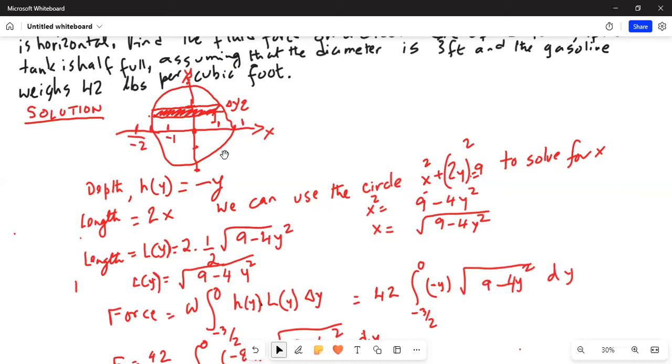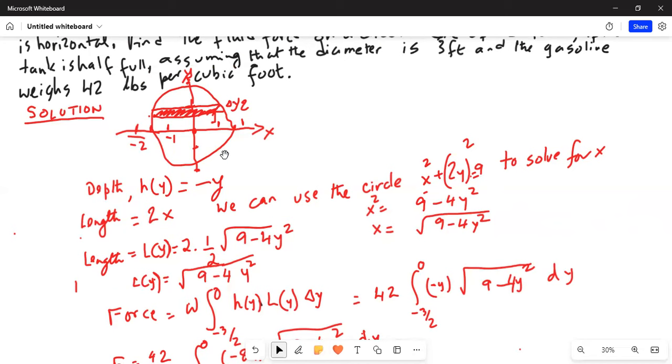So the length becomes 2x, and if we solve for x, we only want half of the x. So it's 2 times half times the square root of 9 minus 4y squared, or length in terms of y is the square root of 9 minus 4y squared.